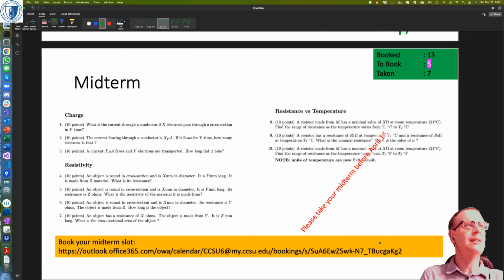If you can't, that's okay. I think there's some slots available after Easter, but after Easter I'm going to be releasing slots for the second midterm, which is about mesh analysis and nodal analysis. So please get the first midterm done as soon as you can.